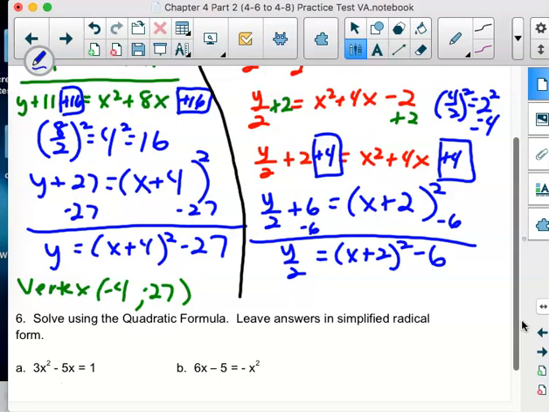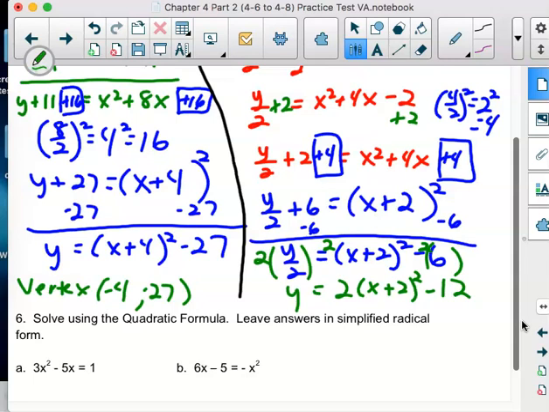Multiply what? And everything in the whole equation. So you need to look at this and remember that terms are separated by pluses or minuses. So we're going to have to multiply all of this by 2. So it'll be 2 times the quantity x plus 2 squared, that's going to be in our parentheses there, minus 12. Every term has to be multiplied by that.